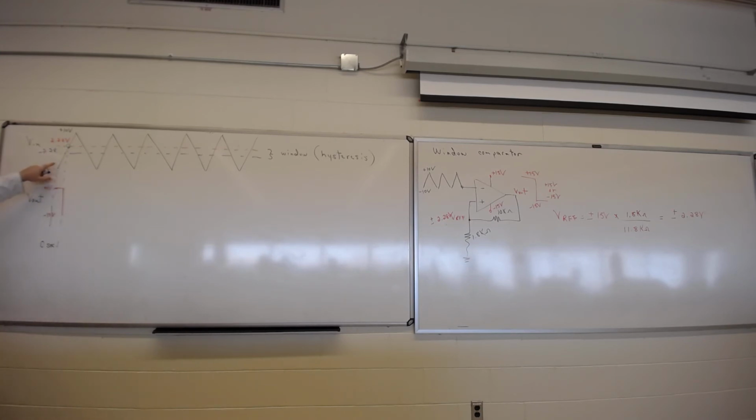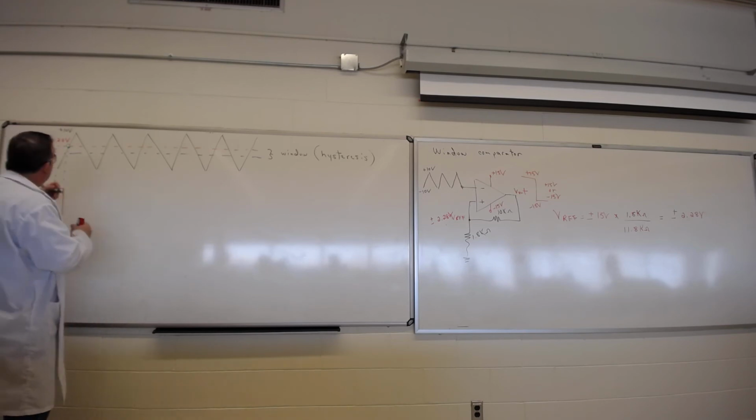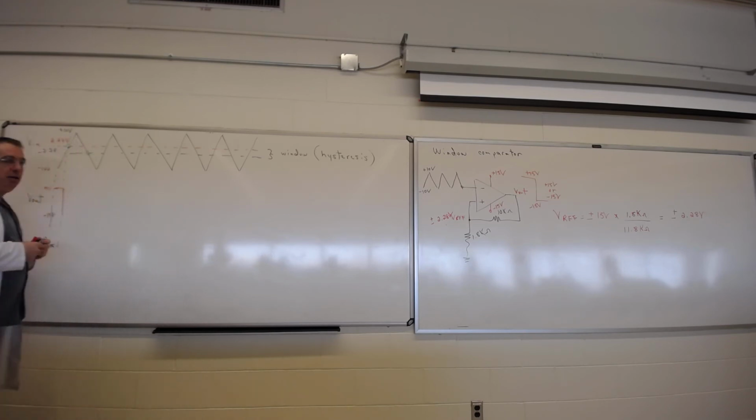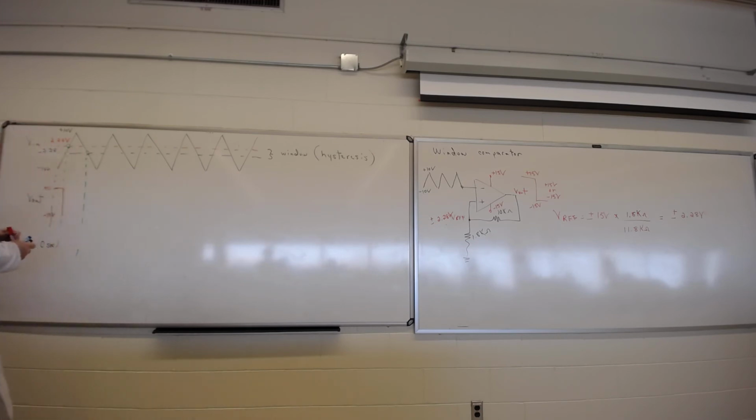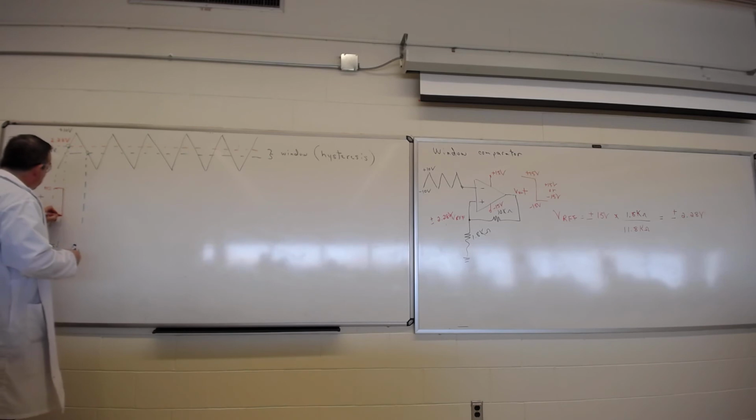As soon as this signal comes over and hits this point, voltage falls to negative 15, and the switching point switches now to over here, negative 2.28. The output's negative, so the output continues over here.